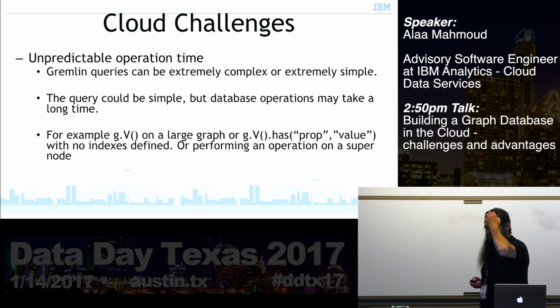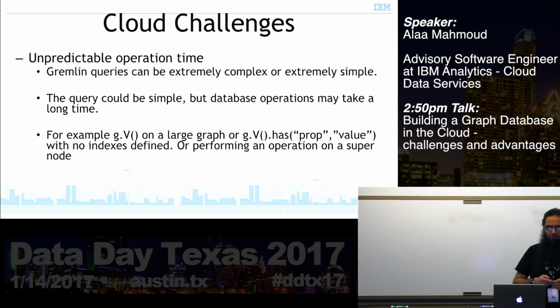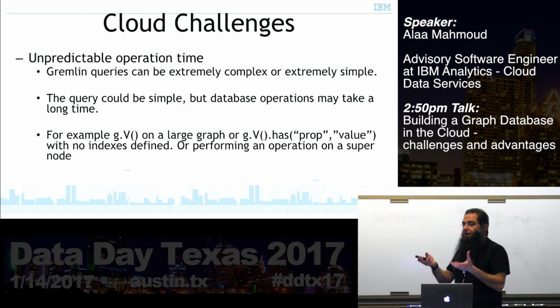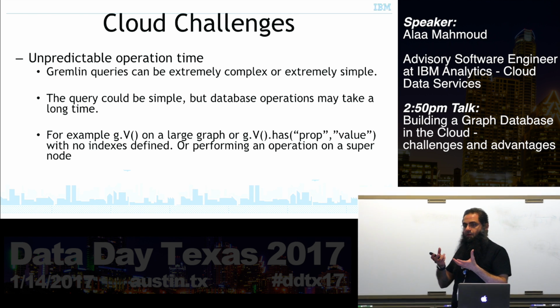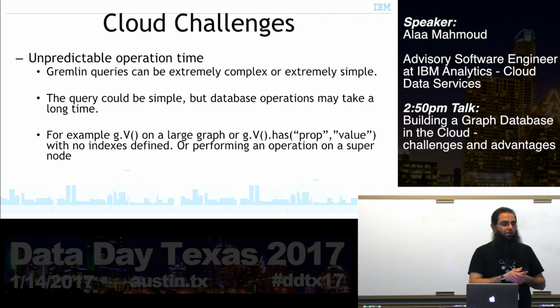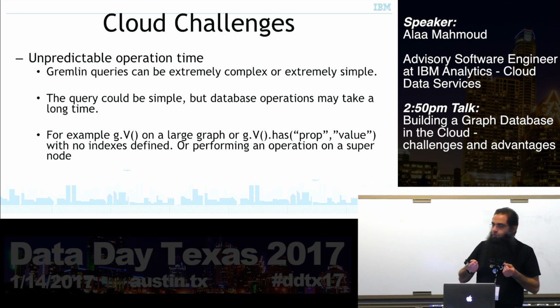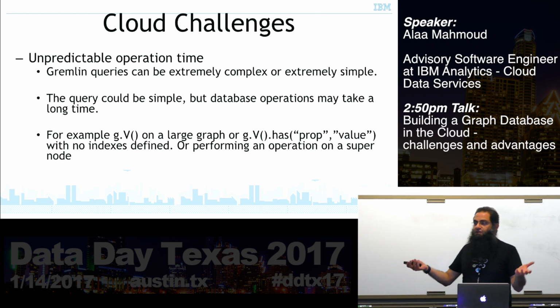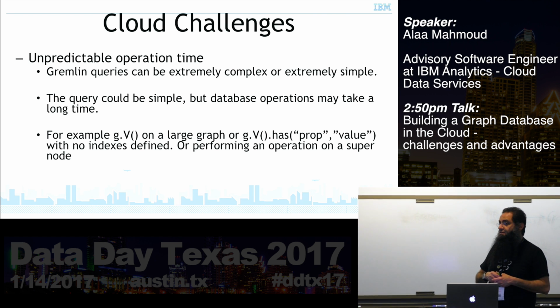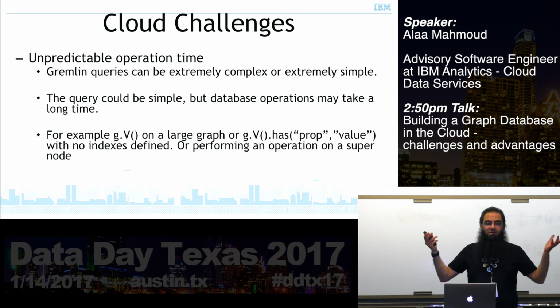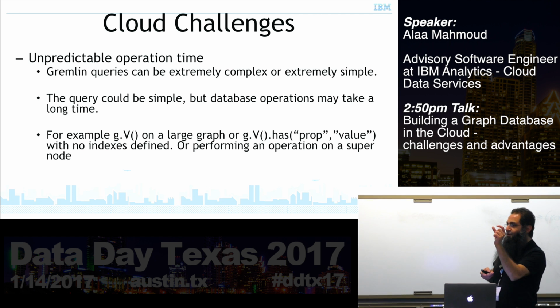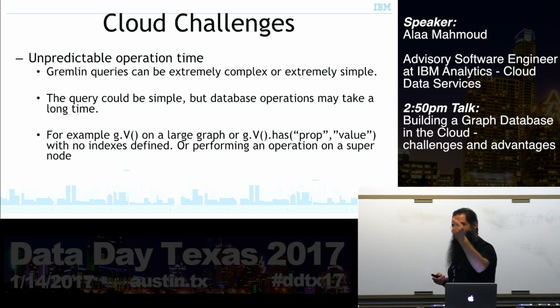The other problem with the cloud and multi-tenancy is that it's very hard to know how much resources a particular query will take. Even a simple query like the one at the bottom, g.V in Gremlin, brings back all of the vertices that you have. So if you have a billion vertices in your graph, this simple query will bring back a billion elements in just one call.